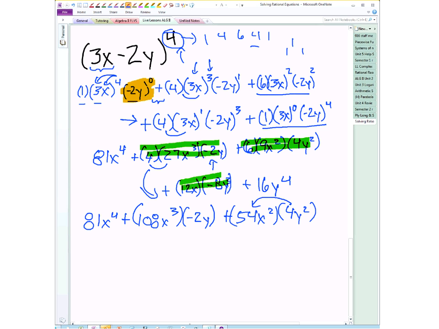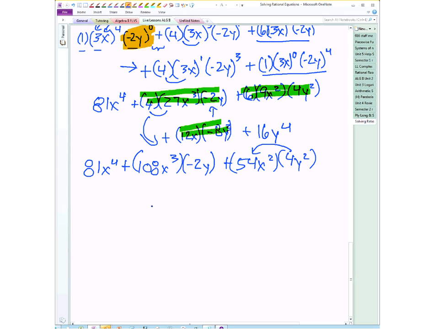So I'm still going to have to multiply this 4 and 54. It's okay. I'm just taking my time and trying to make sure I don't make calculation errors. And then we've got the 12x times negative 8y cubed. Now that's a positive times a negative, so here we end up with a subtraction. And then the last term we already had simplified.